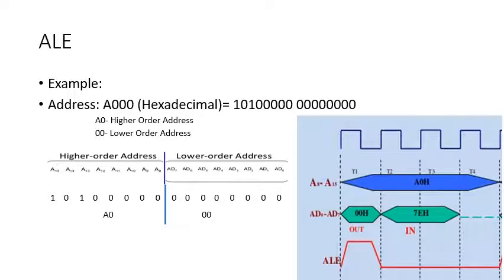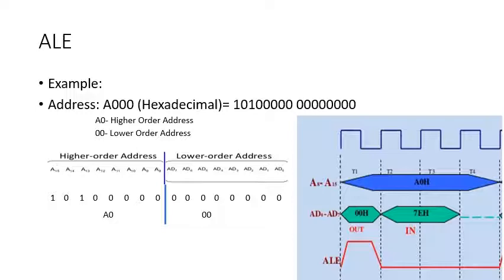After the first clock cycle, the ALE signal goes low. See the diagram. After the ALE signal goes low, this multiplexed address bar data line will act as data line alone. It won't act as an address line. So after fetching the lower order address, the processor next gets the higher order address in the second clock cycle.